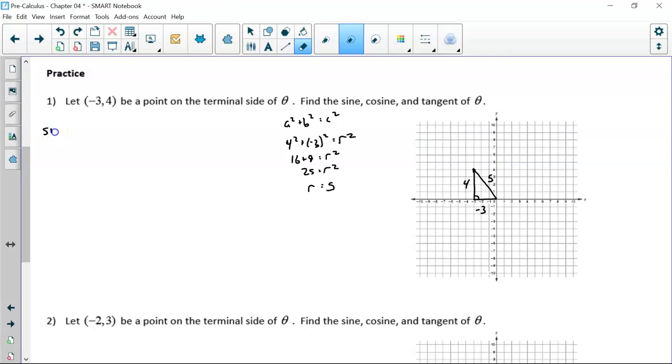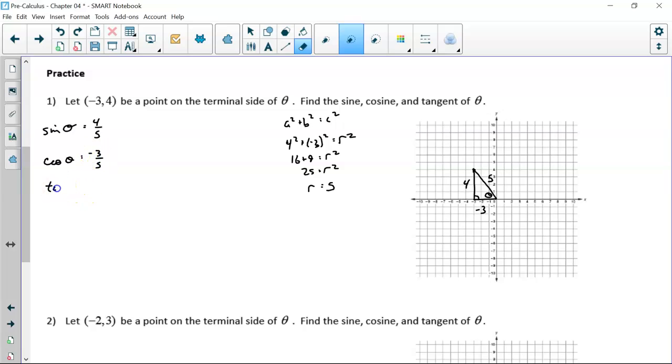The sine of theta, and theta is right here. It's always going to be from that hypotenuse to the x-axis. So sine of theta, opposite over hypotenuse, is 4 over 5. The cosine of theta, adjacent over hypotenuse, is negative 3 over 5.